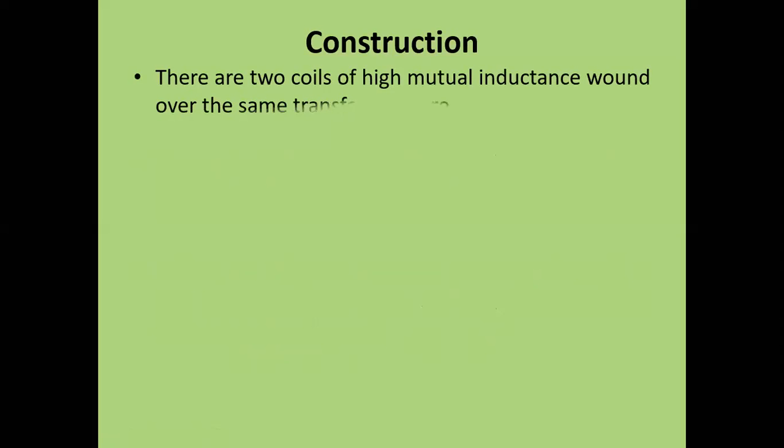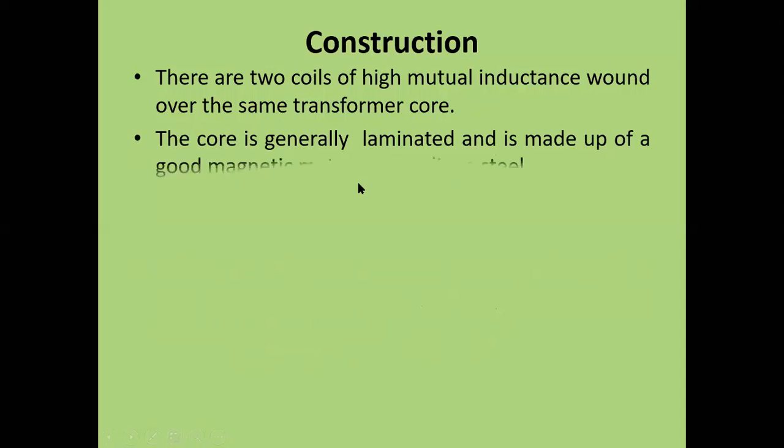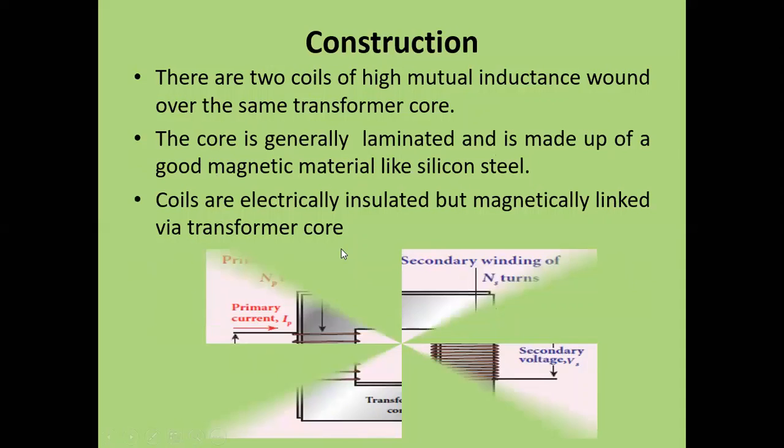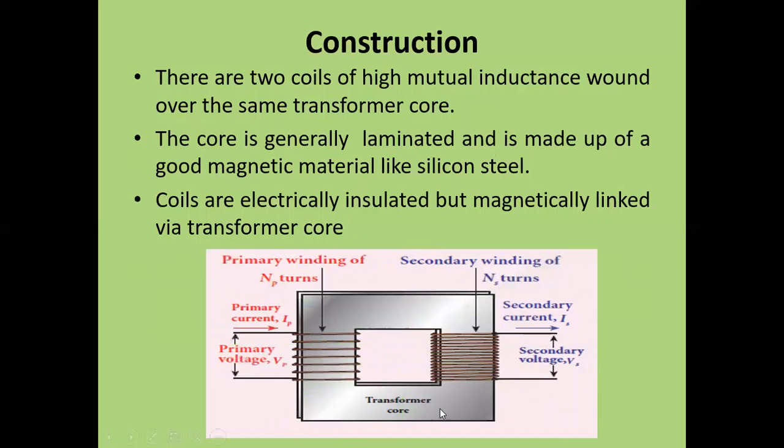Now we have to go for the construction of the transformer. There are two coils of high mutual inductance wound over the same transformer core. You have to take the same transformer core. The core is what? Same. The inner core of the transformer is the same. There are two coils. Okay.